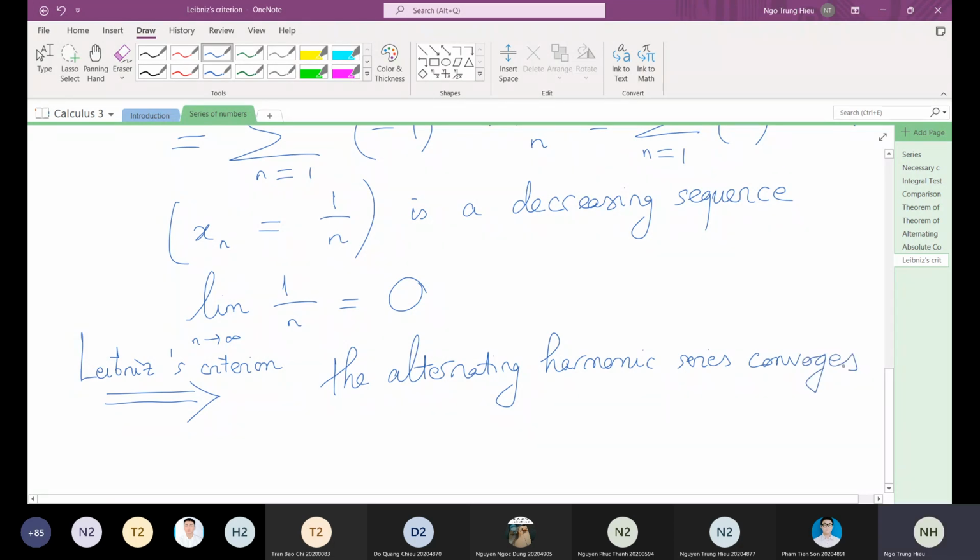But does it converge conditionally or absolutely? Does anyone know?